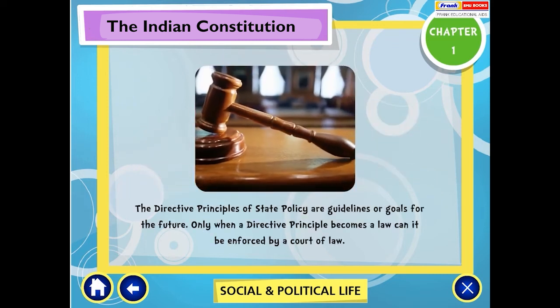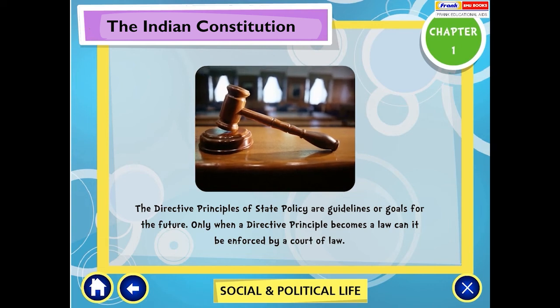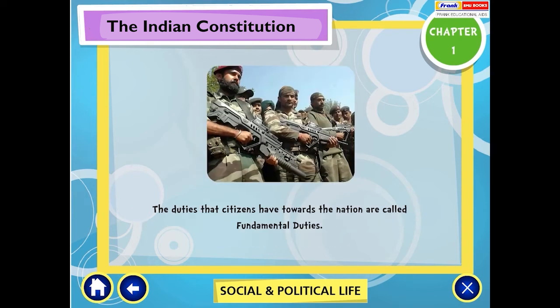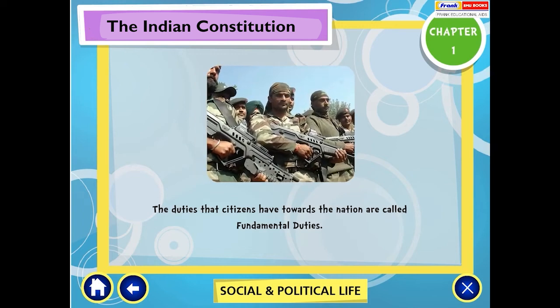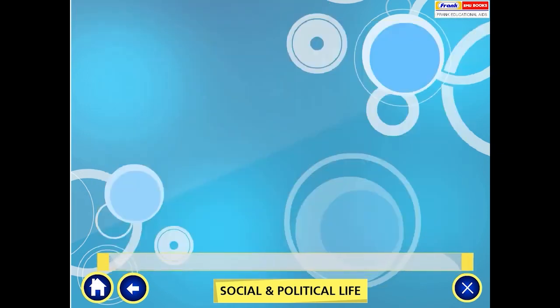The directive principles of state policy are guidelines or goals for the future. Only when a directive principle becomes a law can it be enforced by a court of law. The duties that citizens have towards the nation are called fundamental duties.